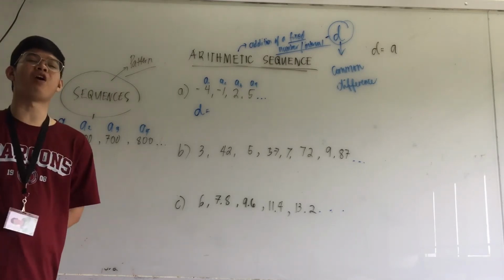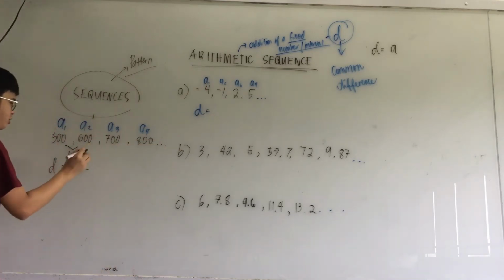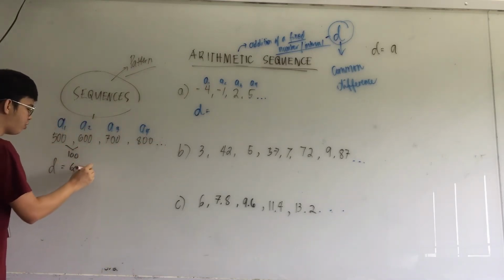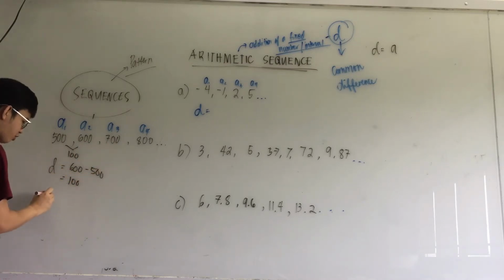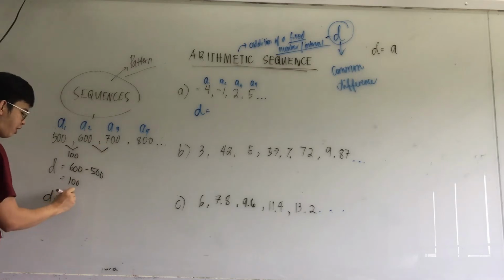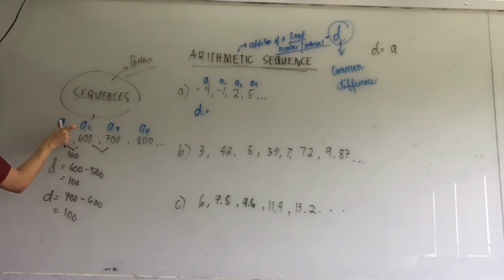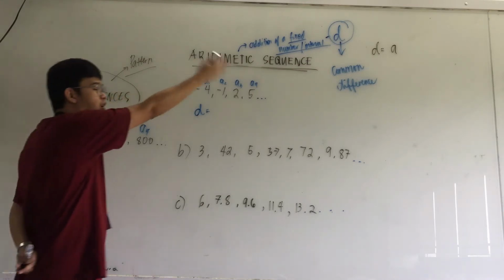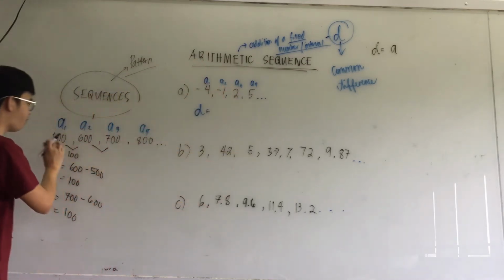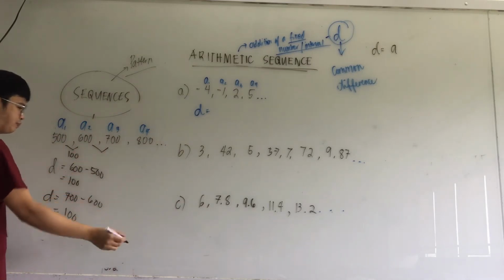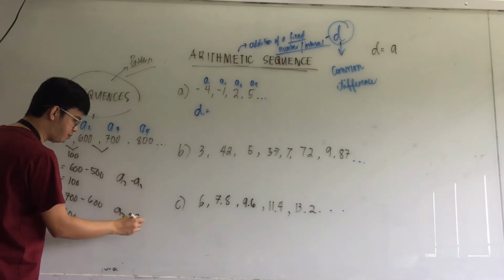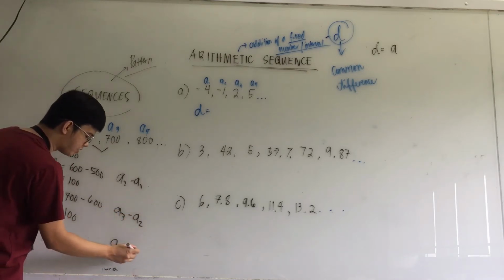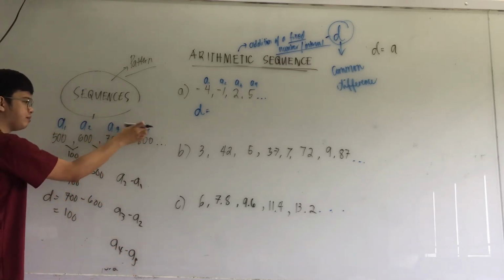It should be 600 minus 500 for you to get 100. And also, 700 minus 600, you will get 100. If we change it to a sub 1, a sub 2, to generalize it to every other type of sequence, we have a sub 2 minus a sub 1, a sub 3 minus a sub 2, a sub 4 minus a sub 3. You just subtract it.